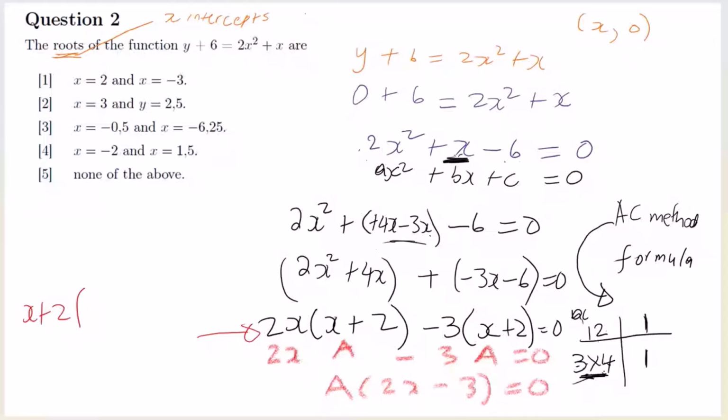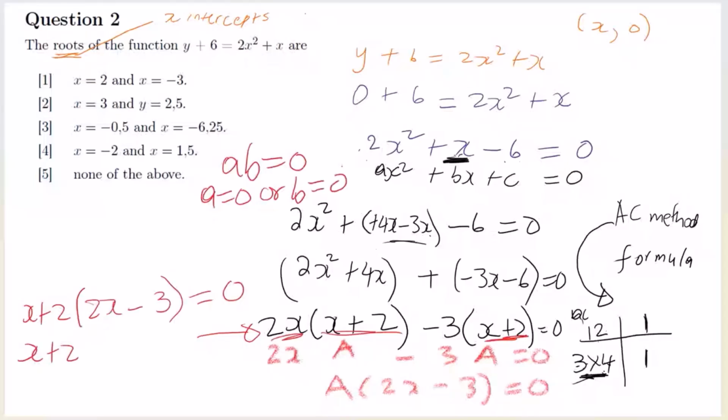So you have x plus 2 and 2x minus 3, and then you use the property: if AB is equal to 0, then A is equal to 0 or B is equal to 0. So x plus 2 is equal to 0, or 2x minus 3 is equal to 0.